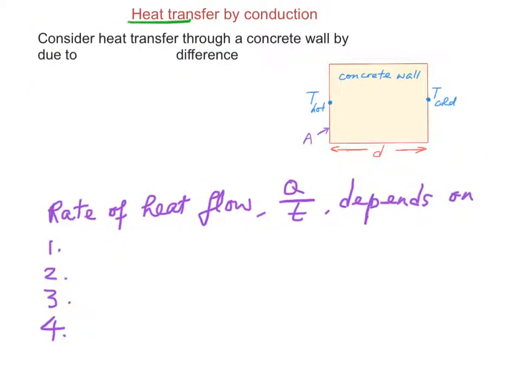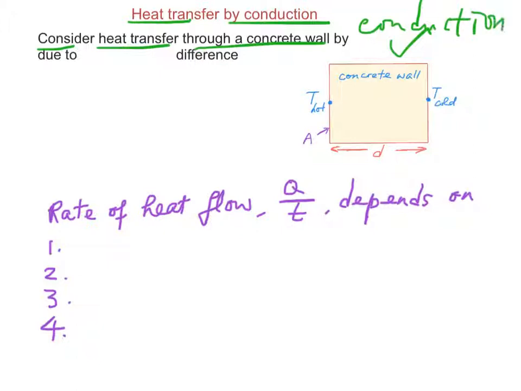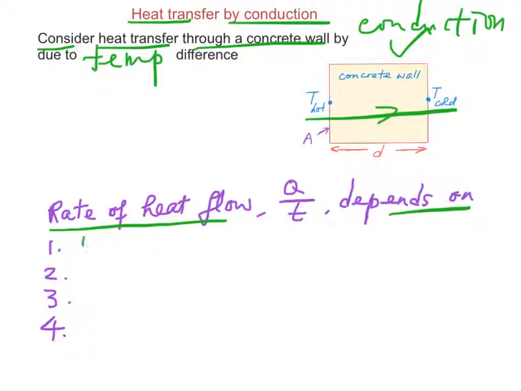Heat transfer by conduction. Consider the heat transfer through a concrete wall by means of conduction due to the temperature difference. The rate of heat flow Q over T depends on material.